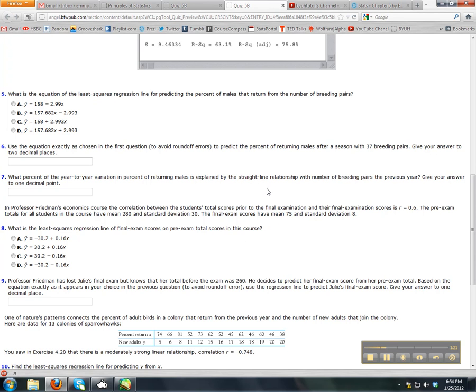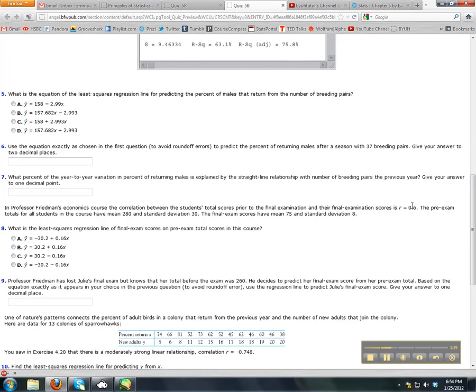So with that, let's plug in all the information that we know. We know r is 0.6. We know the standard deviation of x, our explanatory, the pre-exam, is 30, and the standard deviation of y, the response, the final, is 8.